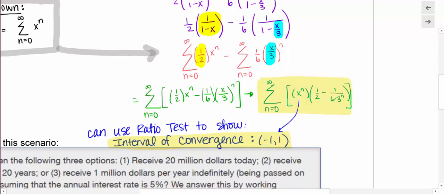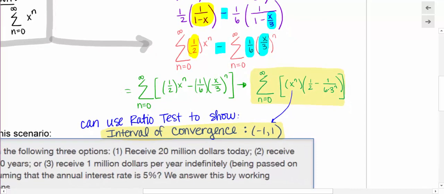And then I have, of course, that 1/6, and the minus is just in front of that summation. And so I just write this as one summation instead of two, because they're both starting at 0, they're both going to infinity. And so if I look at this one first, the one on the right, this is 1/6 times x to the n over 3 to the n.